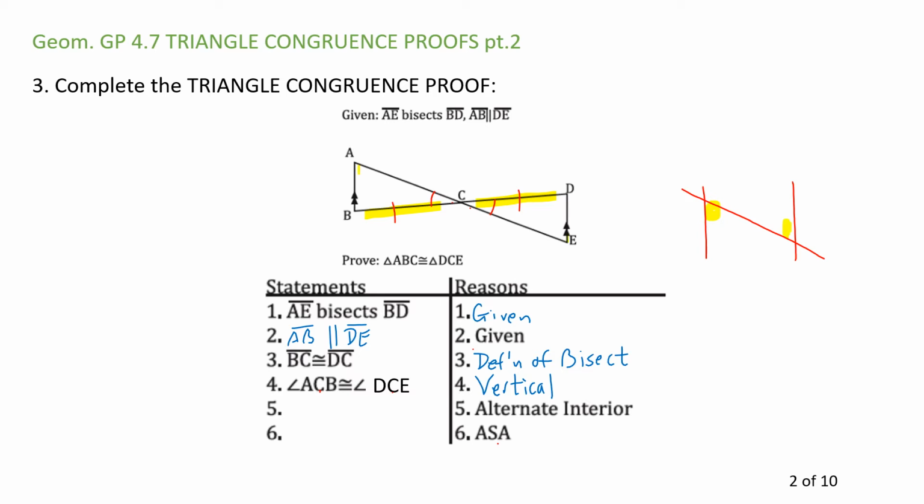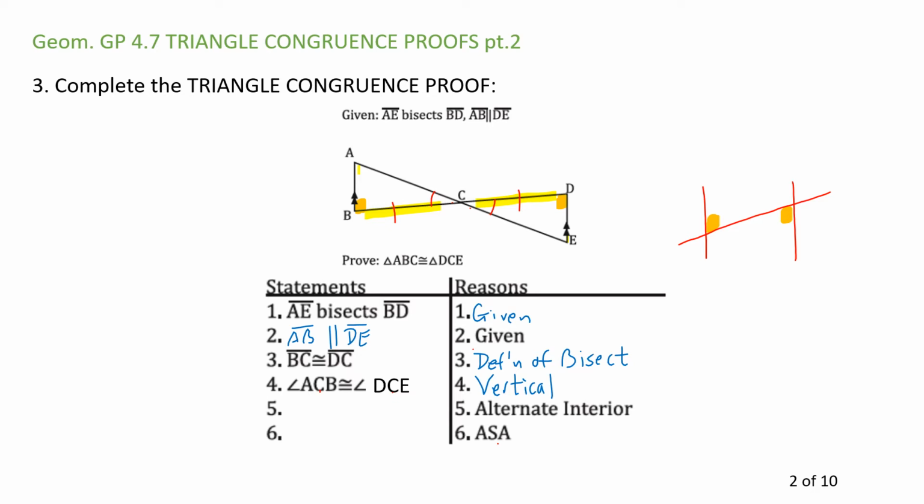That's true. But they're specifically saying they want angle, side, angle on this one. So I have to have the angle that's at the other end of the side. So I have to prove that B is congruent to D, which I do the same way. I just use a different transversal. So it's this transversal, and I'm looking at this angle and this angle.